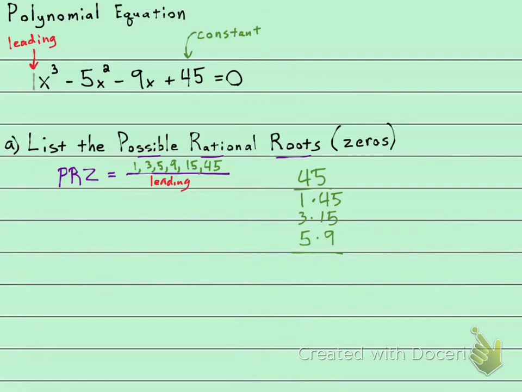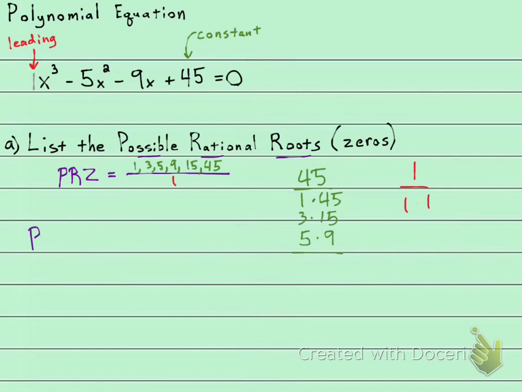Now let's list all of the possible factors of my leading term, which is 1, and that can only be 1 and 1. So we will put them all over 1. And we know anything over 1 is just going to be itself. So let's sum it up right here.